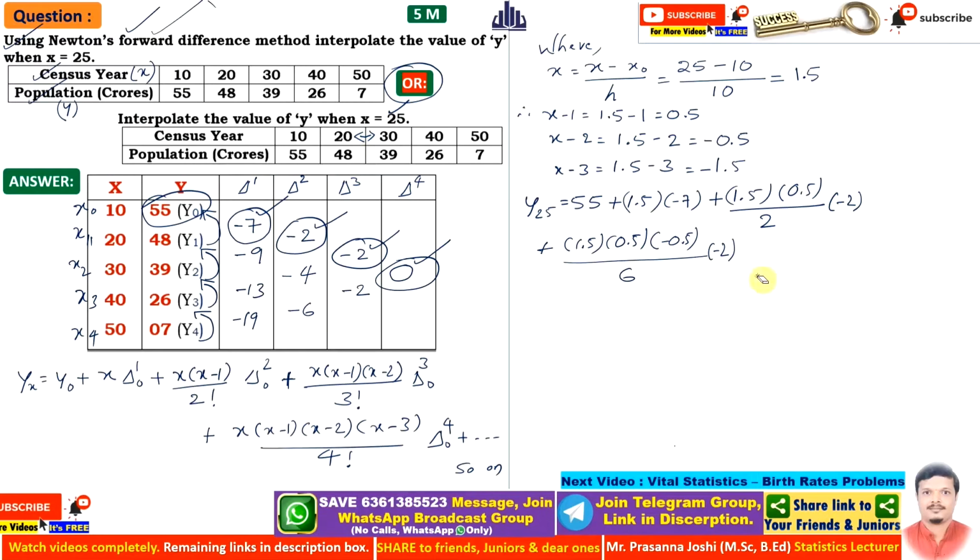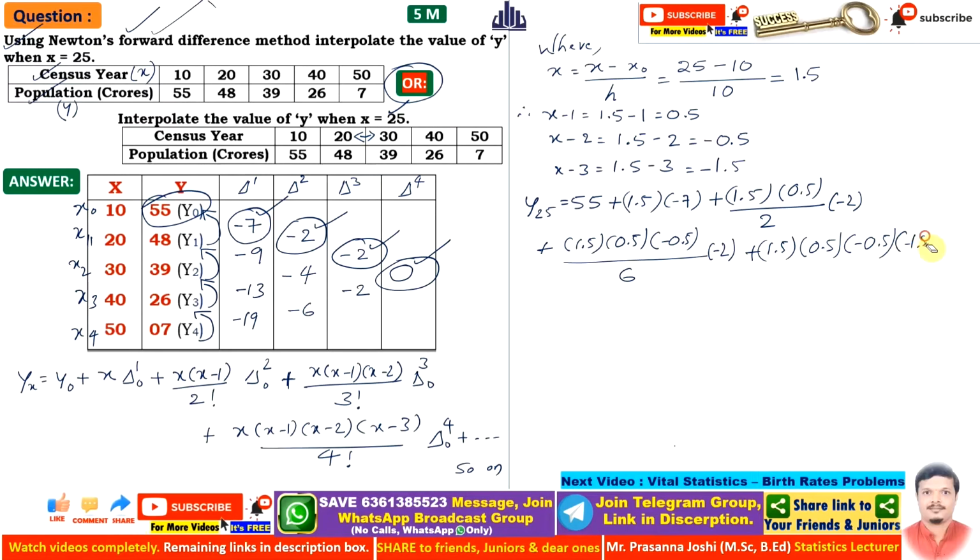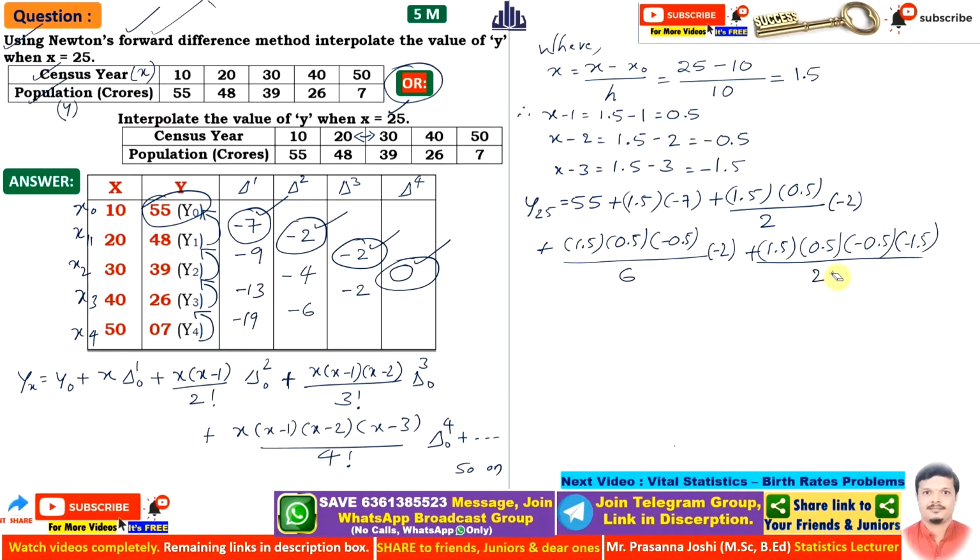Then plus, in between, x into x minus 1, x minus 2 and x minus 3. x value is 1.5 into x minus 1, that is 0.5, x minus 2 is minus 0.5, x minus 3 is minus 1.5, divided by 4 factorial. 4 into 3 into 2 into 1, that gives you 24, and then multiplied by delta 0, 4. Delta 0, 4 is 0, so multiplied by 0.